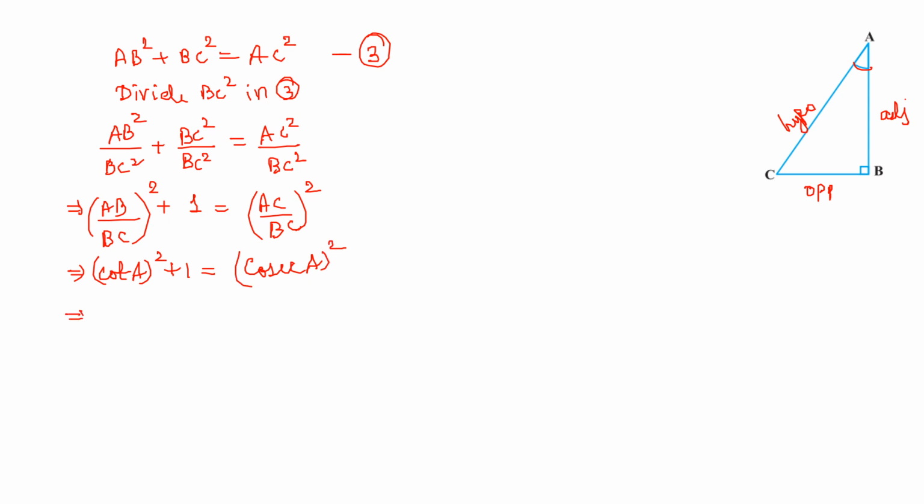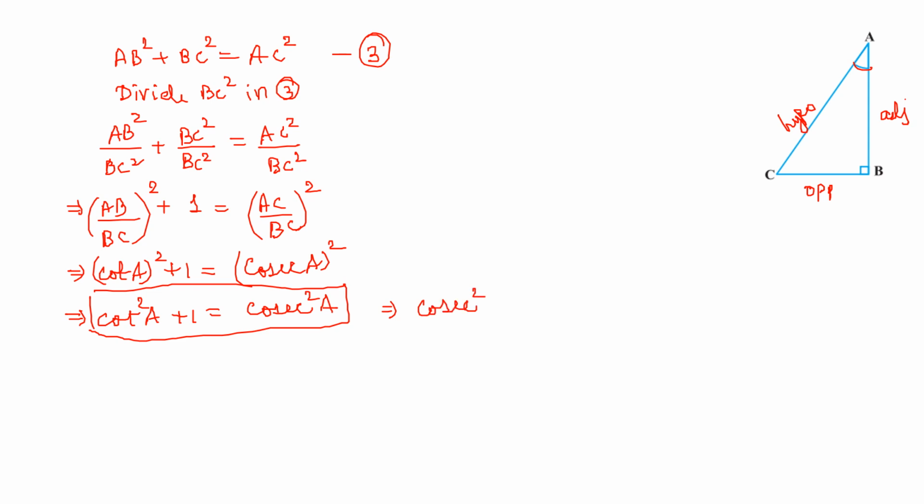Now cot A whole square means cot square A plus 1 equal to cosec square A. This is one of the identities. Now you should remember this identity in this way also: cosec square A minus cot square A will be 1.